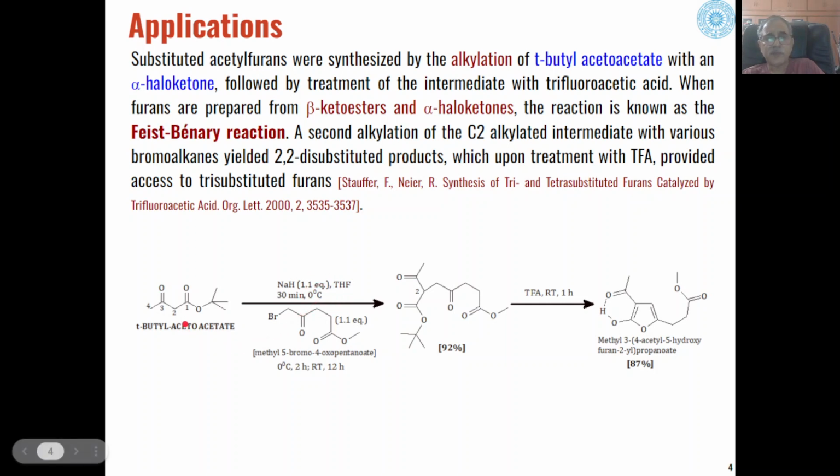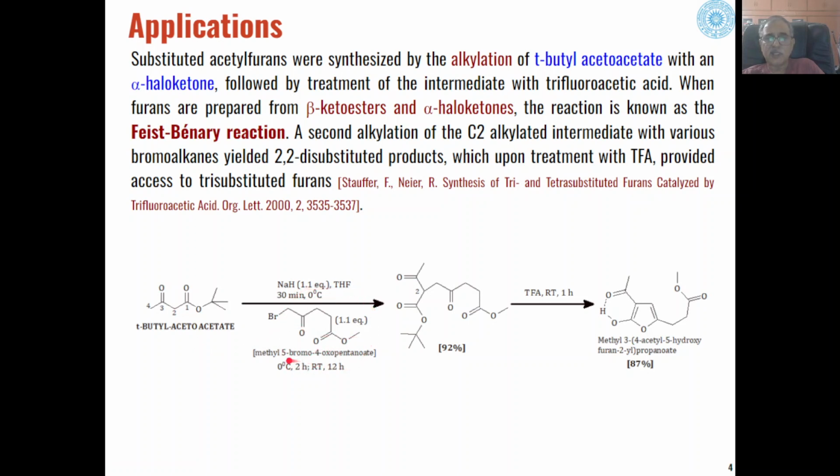So what will happen? The proton will be abstracted by the strong base sodium hydride at this position, and an enolate will be formed, and the carbanion will attack at carbon 2 at the alkyl halide.